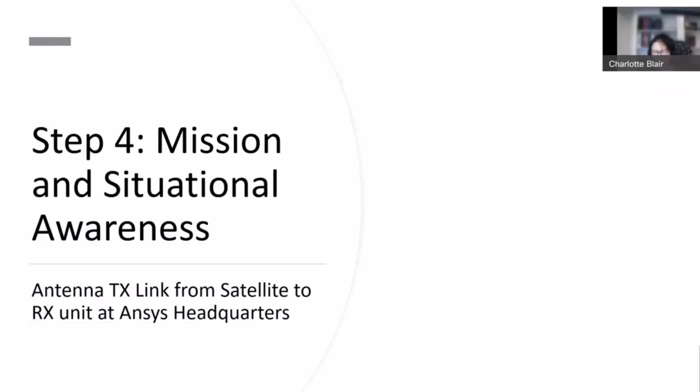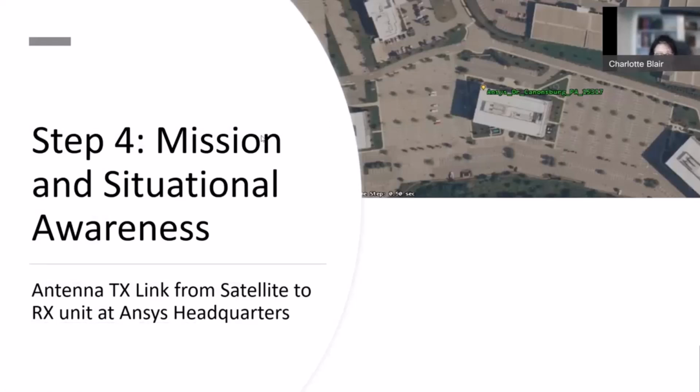Because I'm going to do some more situational awareness. Can I really communicate from that satellite, the Starlink, which I'm looking at, to perhaps Ansys headquarters? Well, I go into my STK tool, and yes, we can have visuals, and we can take a look at Ansys.